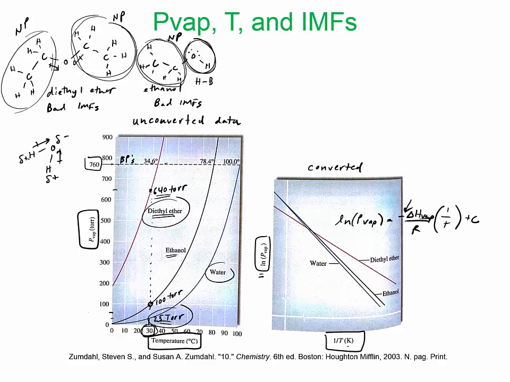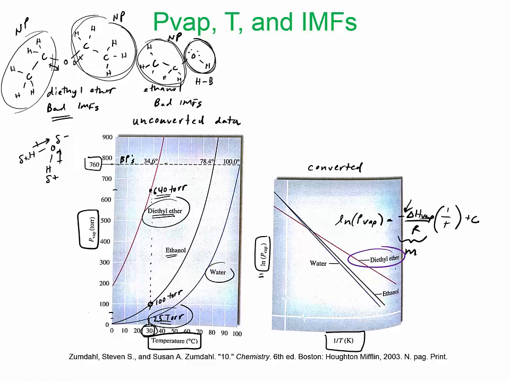Remembering while we're looking at this that this is slope, diethyl ether, remember, has the worst IMFs, so what do we see? We see the most gradual slope. So this is the least steep slope here.